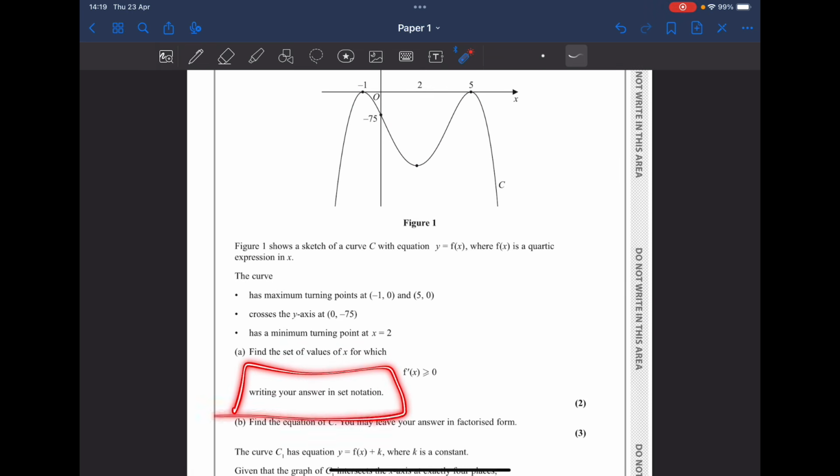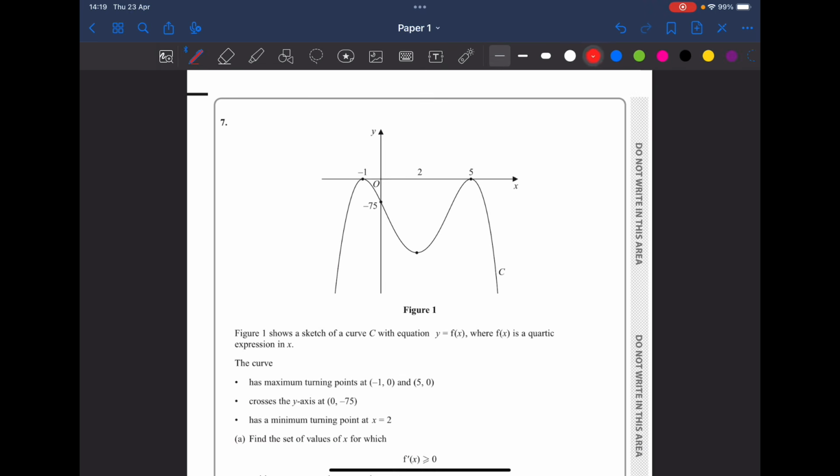They want our answer though in set notation. So let's do that. In set notation, you need to tell them what type of number it is, and then what conditions we have for the number. So the first thing, our numbers are real numbers here. We're not dealing with complex numbers or just integers, something like that. So we will have x is a real number. And the first condition, it could be less than -1 or less than or equal to -1.